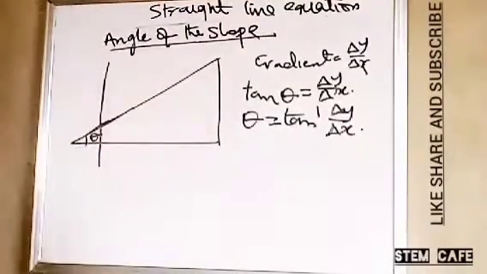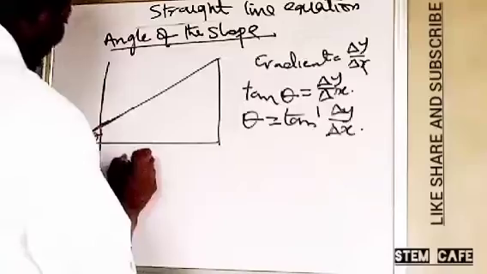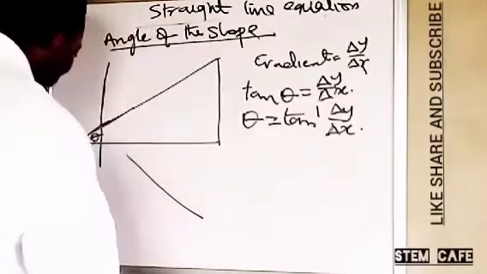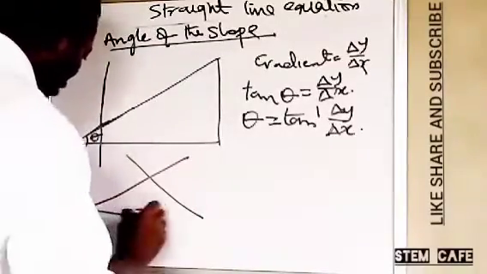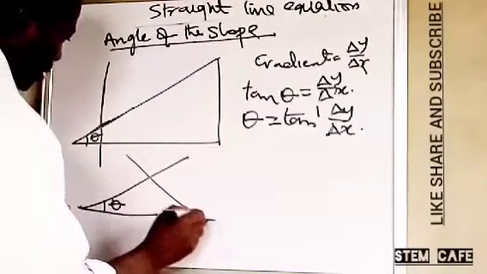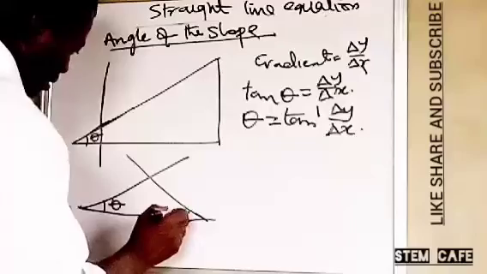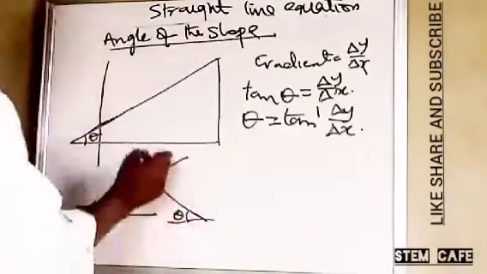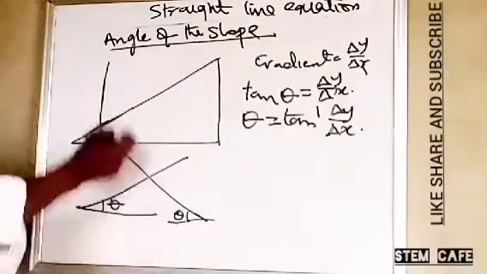Now, the gradient can be negative or positive. The line can go like this, or the line can go like this. So this one is positive and this one is negative. That is, the gradient in this place is negative.